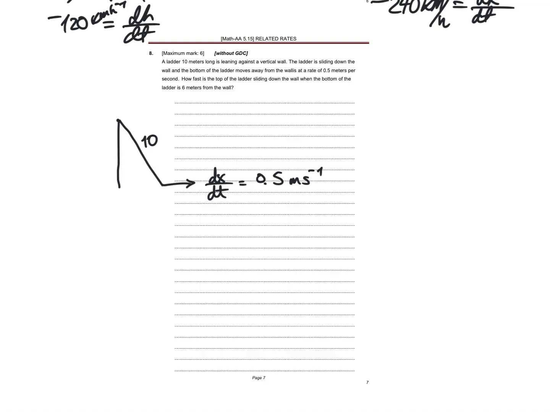How fast is the top of the ladder sliding down the wall when the bottom of the ladder, okay, so at x equals 6, this distance, how fast, so we want dy/dt because we want to know that rate going down. So this is y, this is x, so obviously our relationship here is Pythagoras.